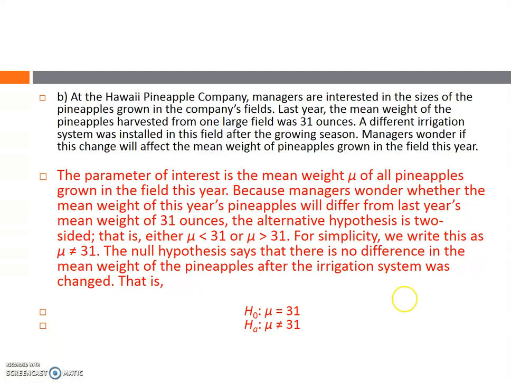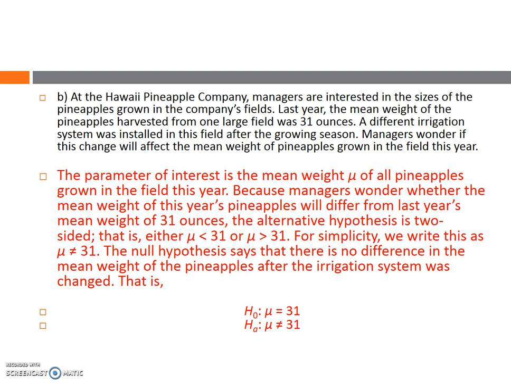So for simplicity, we're going to write this as the mean does not equal 31, as in, it's different than what they are claiming. The null hypothesis says there is no difference after it was changed. So our null hypothesis, H sub 0, is going to be that mu, my population mean, is equal to 31. And my alternative hypothesis, H sub A, is going to be that mu is not 31.